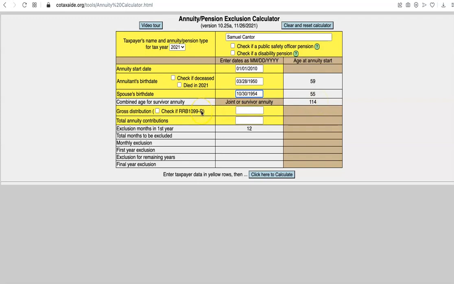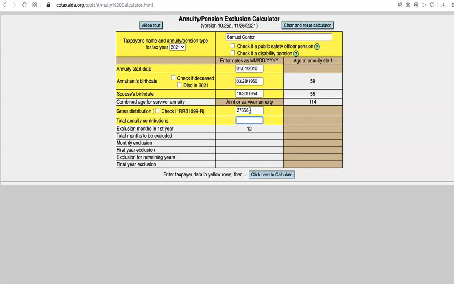This is not a gross distribution. This is the gross distribution, and you check if it's a railroad RRB 1099R, which is not. The gross distribution is what's in box 1, which is what actually box 1 is titled, and that's 27,658 and some change, rounded down.